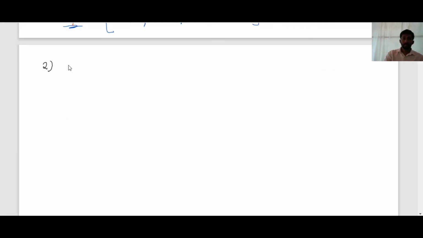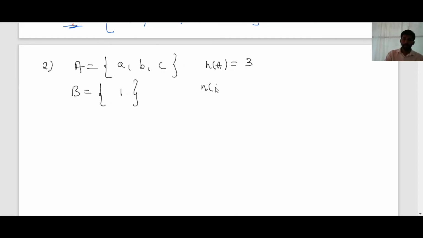Consider the second example. Here I'll take A equal to {a, b, c}, and the set B equal to {1}. How many elements are here? n(A) is equal to 3 elements and n(B) is equal to only 1 element. First find A cross B. A cross B is equal to the possible ordered pairs from A to B. First combine a with the element 1, (a, 1).